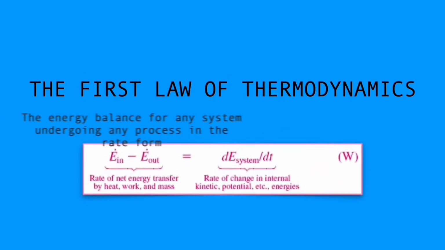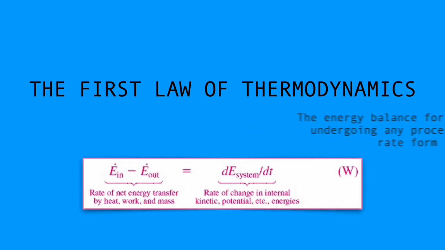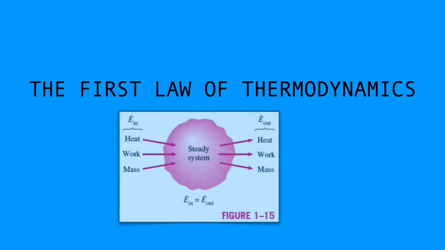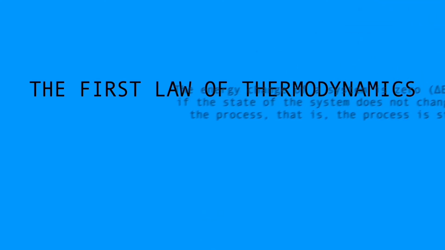The energy balance for any system undergoing any process in the rate form is expressed here. In steady operation, the rate of energy transfer to a system is equal to the rate of energy transfer from the system.